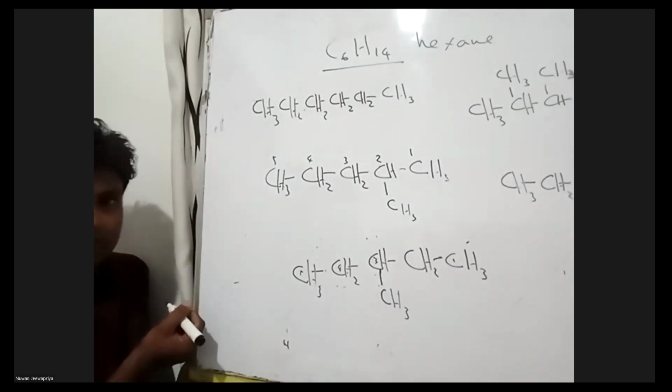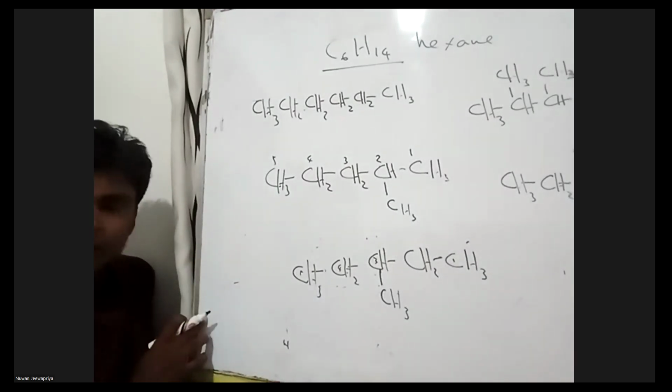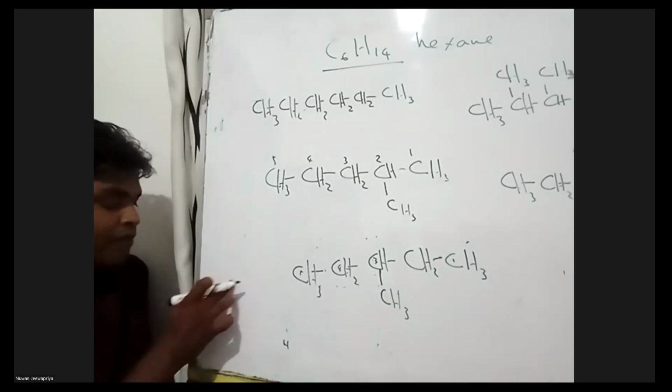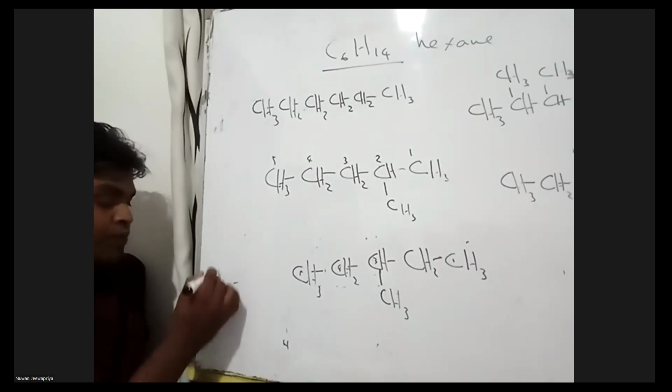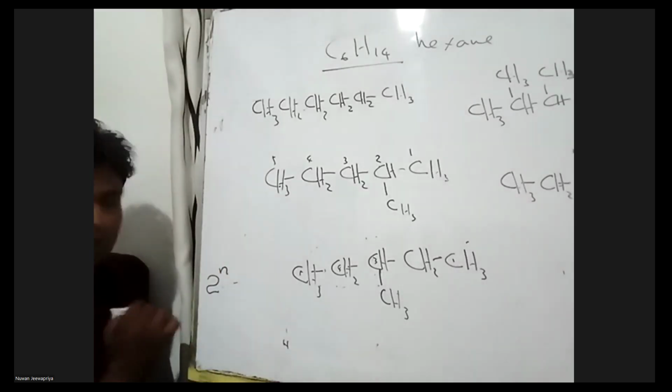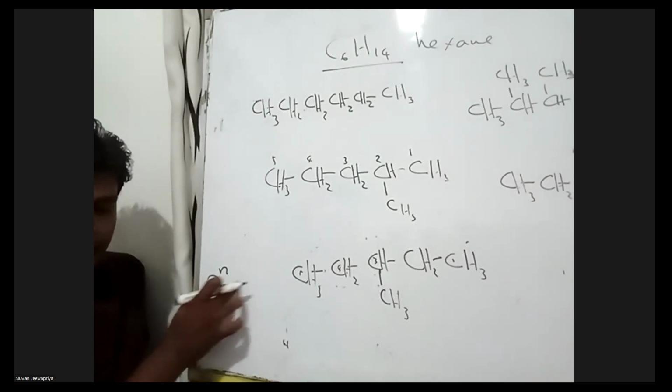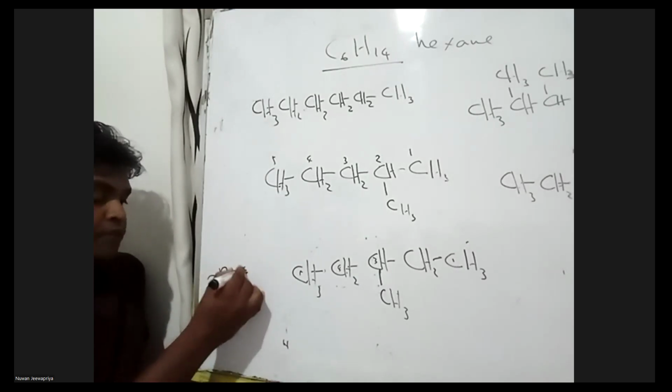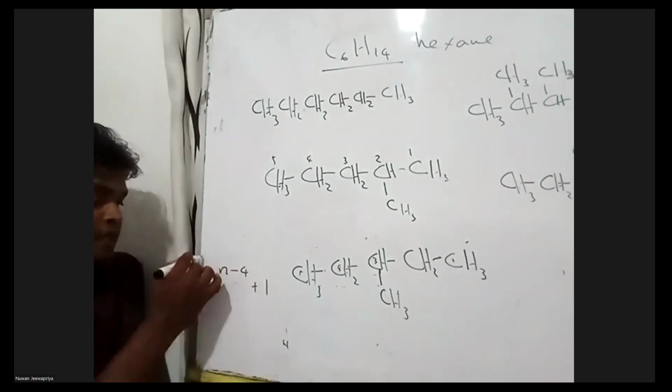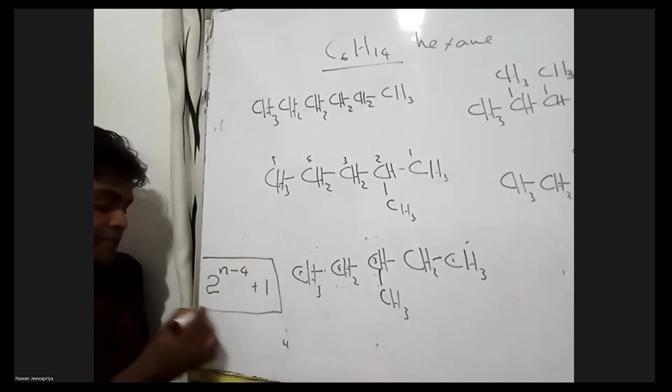That is an equation or formula that I didn't teach you in the classes, but now I explain it to you. So there is the equation 2 to the power n minus 4, plus 1.